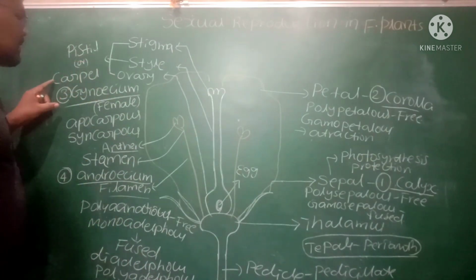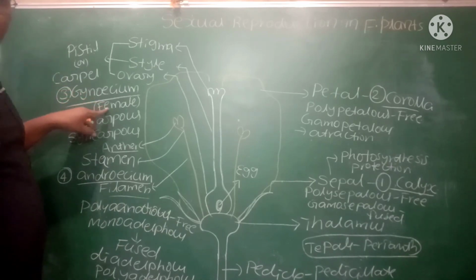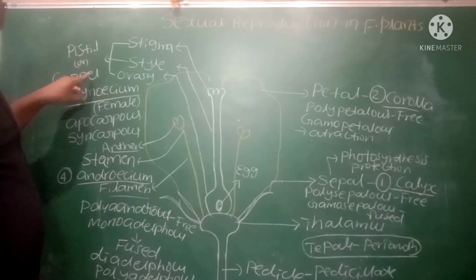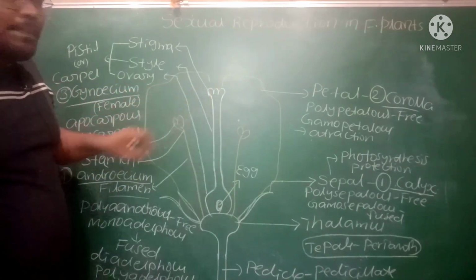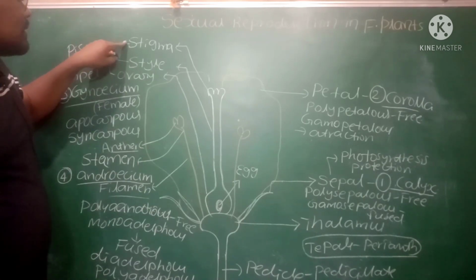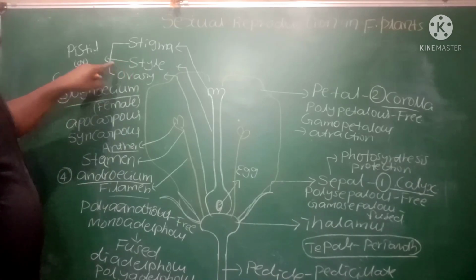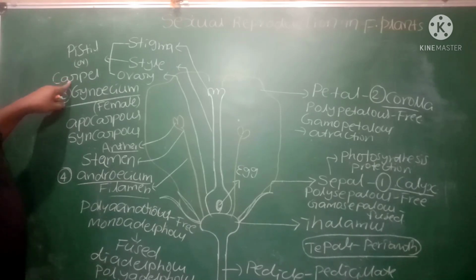The third part of the flower is the gynoecium. The gynoecium is the female reproductive organ, which is formed by the pistils or carpels present in the flower. Each pistil or carpel is made with 3 parts: stigma, style, ovary, which combinedly form the pistil or carpel.